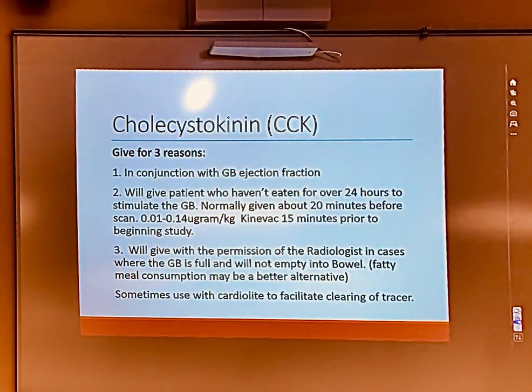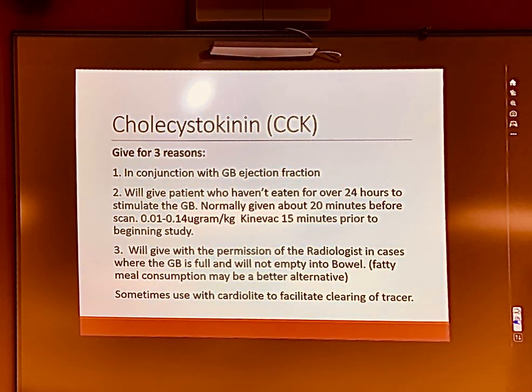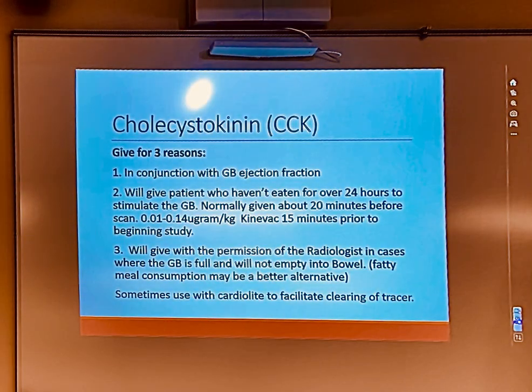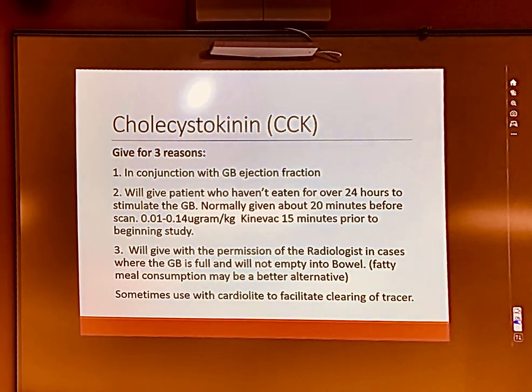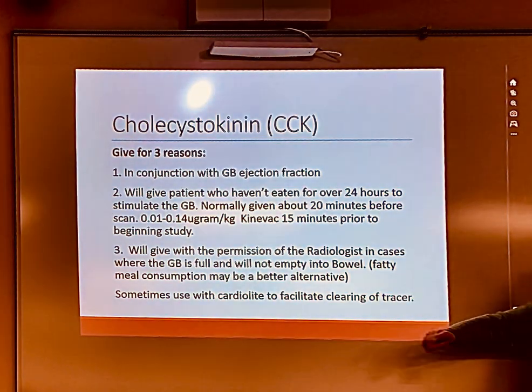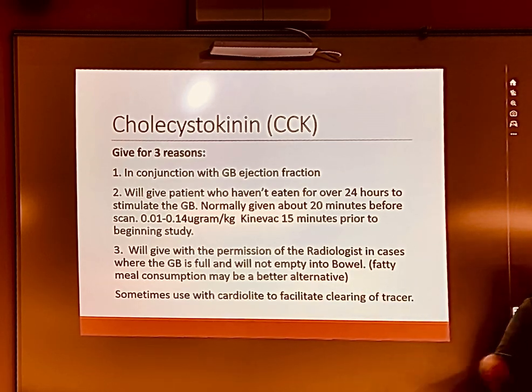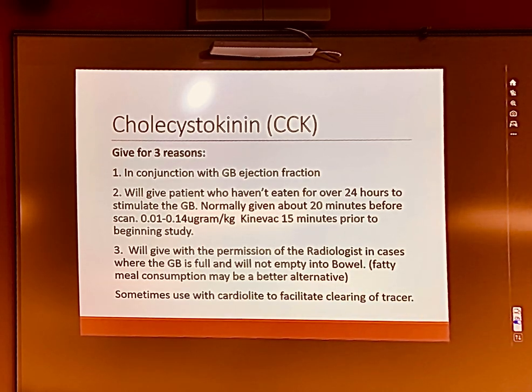So you go downstairs, you get them an Ensure, or a milkshake, or a cheeseburger, or whatever your meal of choice is. Ours for a long time was ice cream. And then you go back and you do the delayed picture to see if the gallbladder empties. The reason that sometimes the doctors will tell you to give them a fatty meal instead of CCK when they don't have bowel is because the patient's going to go home and eat anyway.